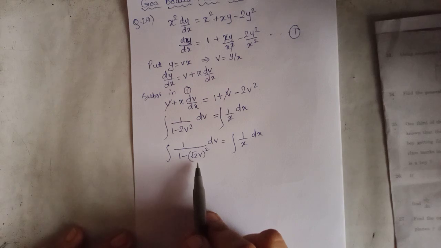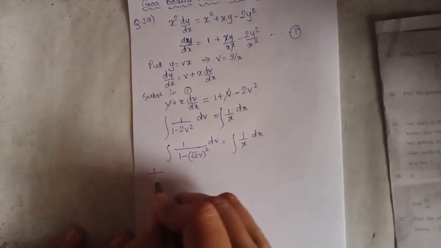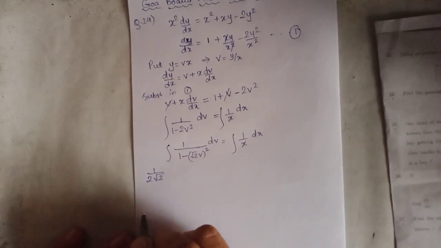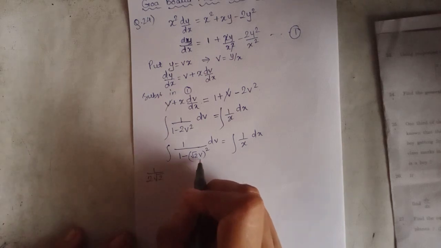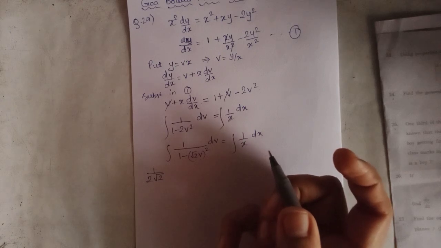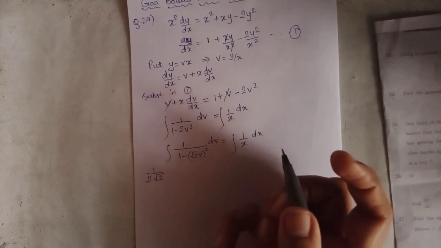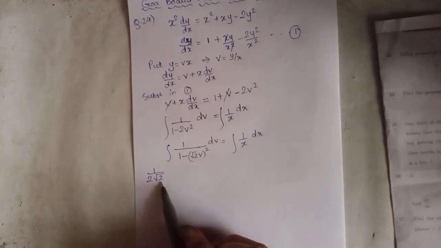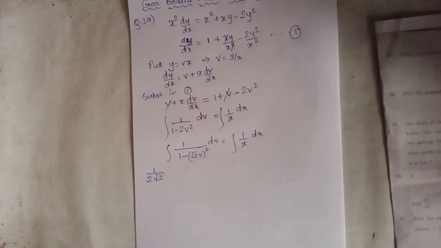So integral 1 upon a square minus x square is 1 upon 2a log of (a plus x) upon (a minus x). So 1 upon 2 into a, a is our 1, but for root 2v the derivative of root 2v is root 2, right? So that we have to write here.